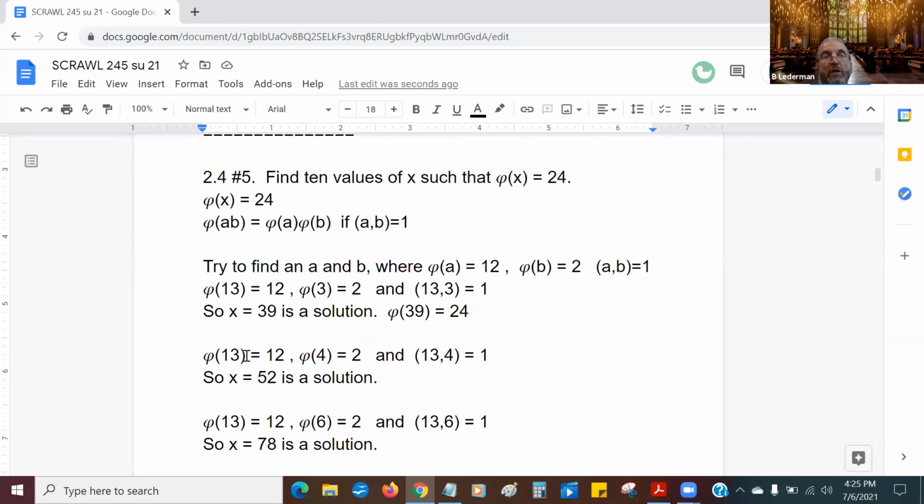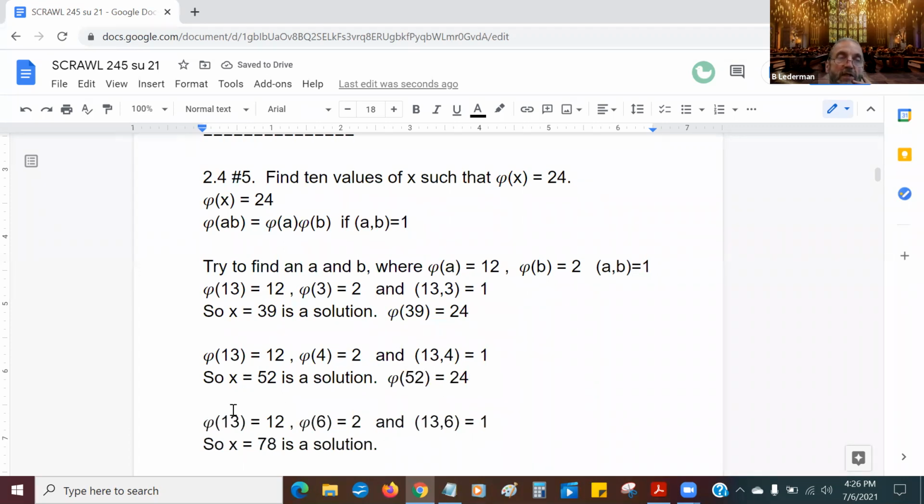Once we know that phi of 13 equals 12, 4 also has a phi of 2, and 12 times 2 is 24, and 13 and 4 are relatively prime, so let's try that. That works. So 13 times 4 is 52. That's also a solution, i.e. phi of 52 equals 24.